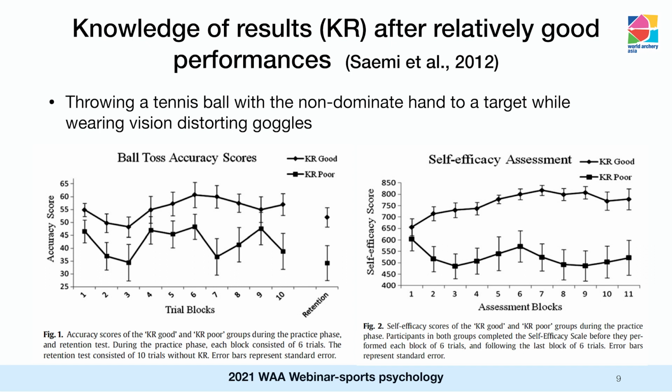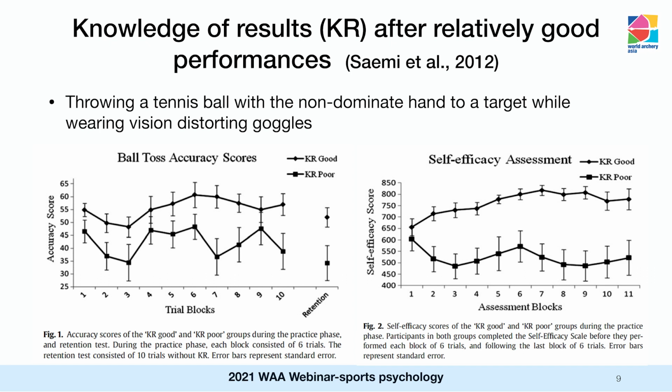Okay. And the students were divided into two groups. In one group, they get the knowledge of result, which is KR, from the best 3 performances. And the other group also receives the KR, but that's based on their 3 worst performances. And let's look at the result in terms of their accuracy.